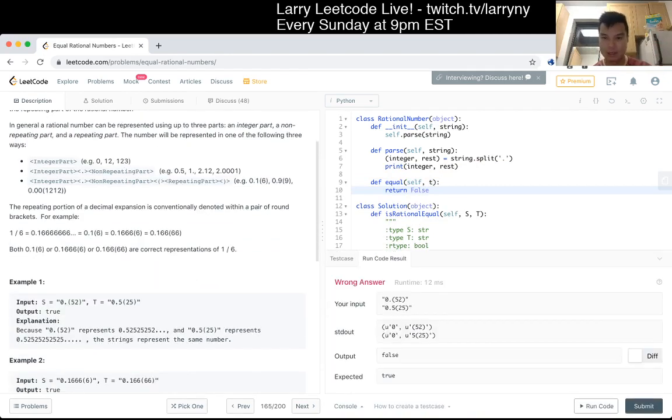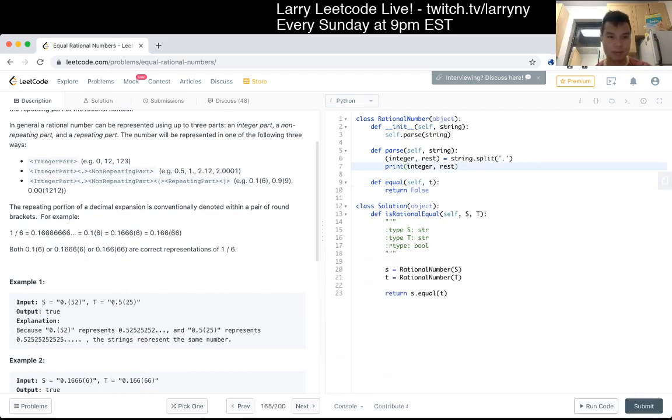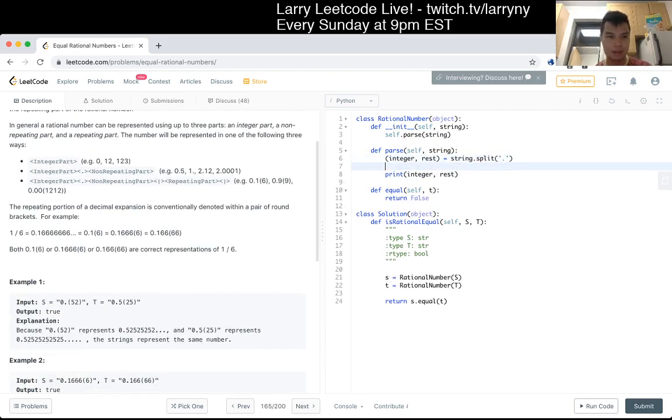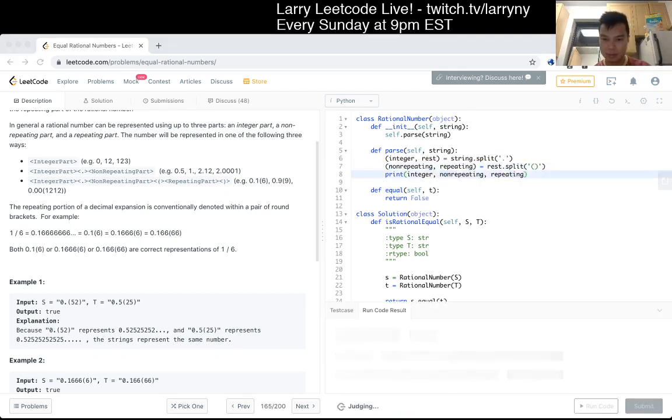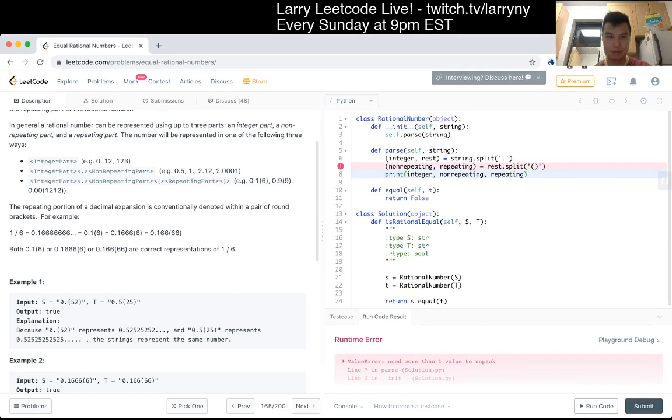Okay, so that actually does what I was hoping it would do. Non-repeating. Repeating is string does. Oh, string is the name of the thing. I guess this is fine.